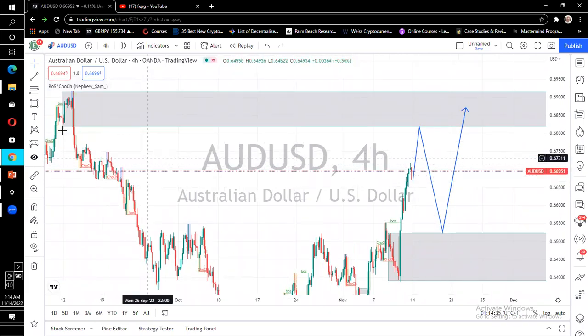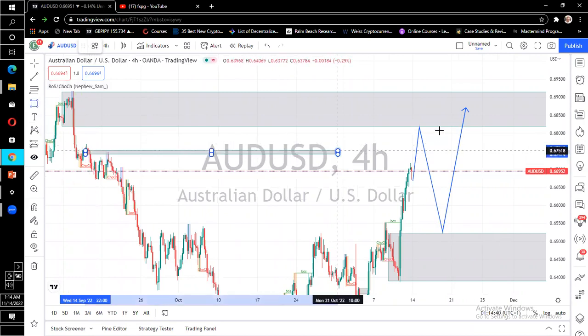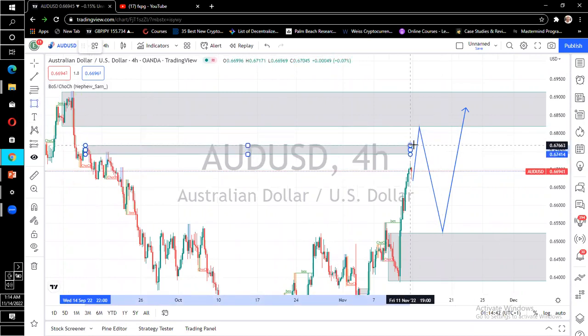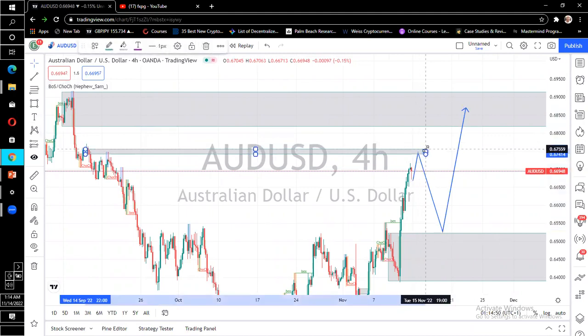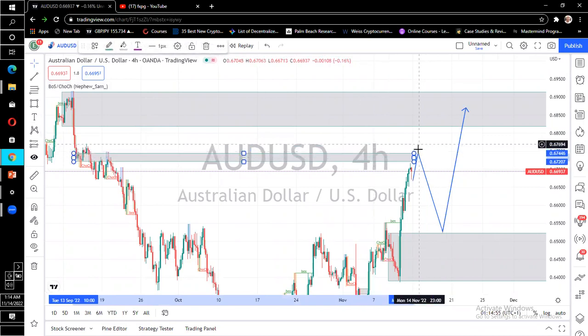Great. Now, as you can see here, we'll have this level to watch. Okay. So we'd like to see them do this first here to this level. Then from this level, we'll be expecting them to come down.